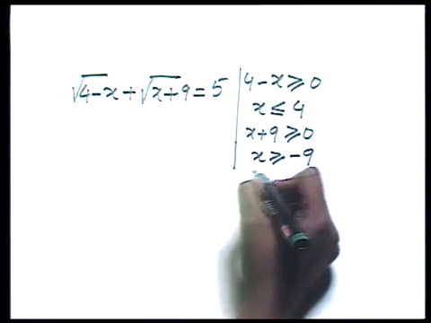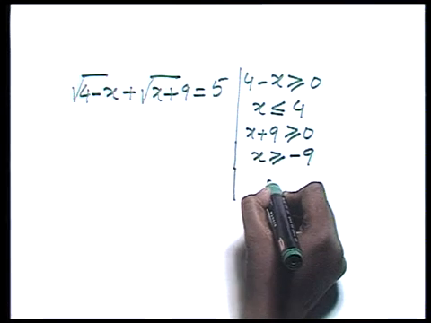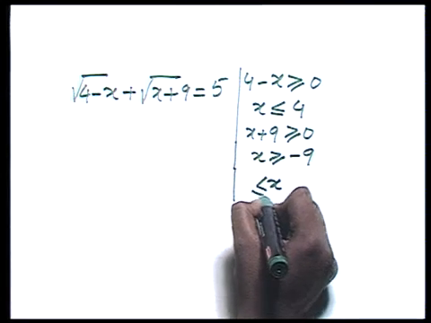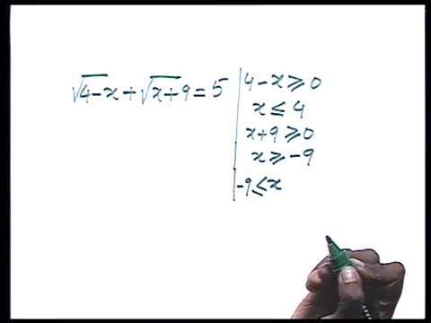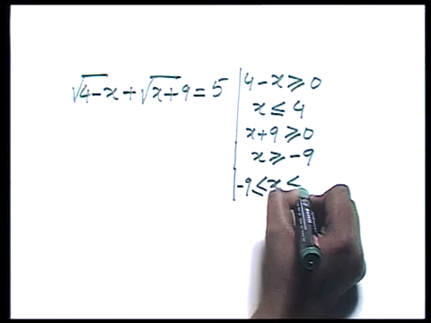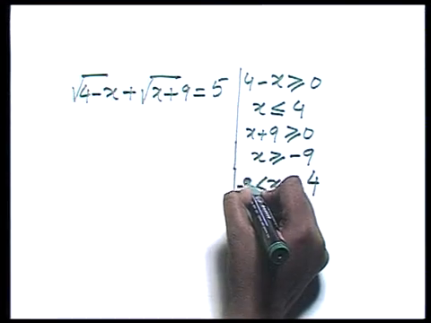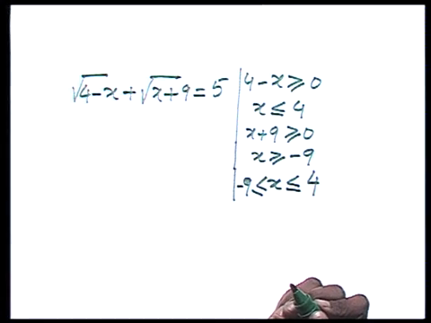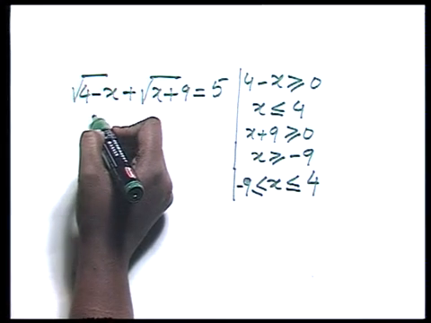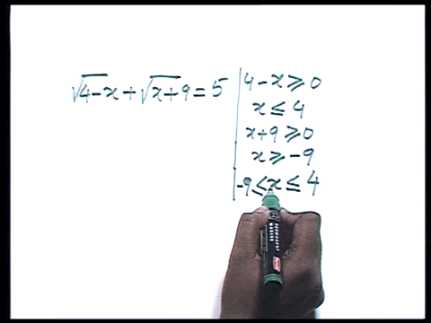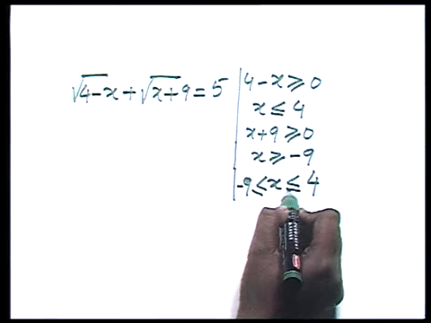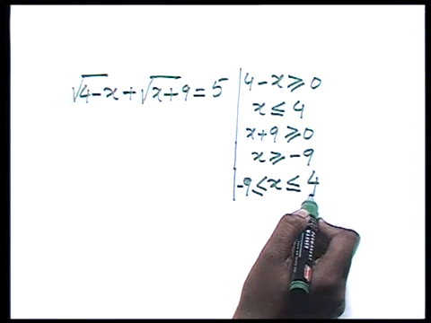Combining these two conditions, we can write this as x is greater than or equal to -9 and less than or equal to 4. So we have to find solutions of this equation so that they satisfy the condition x greater than or equal to -9 and less than or equal to 4.